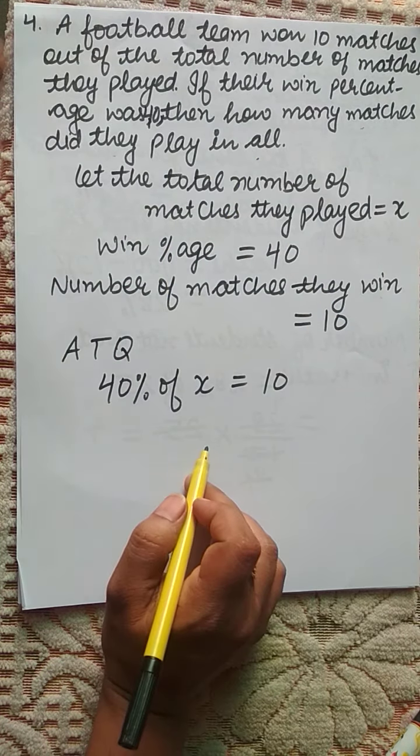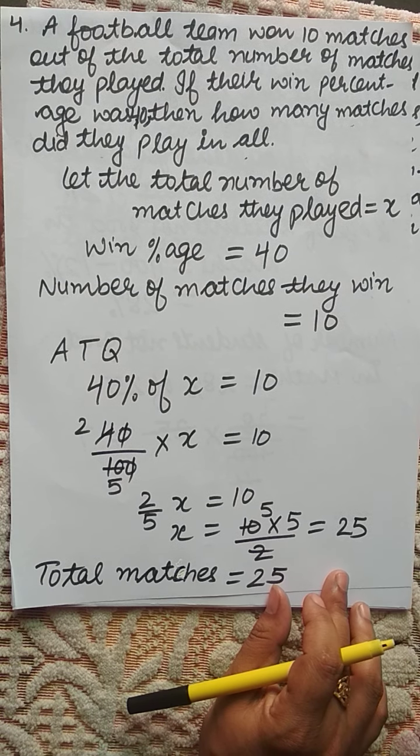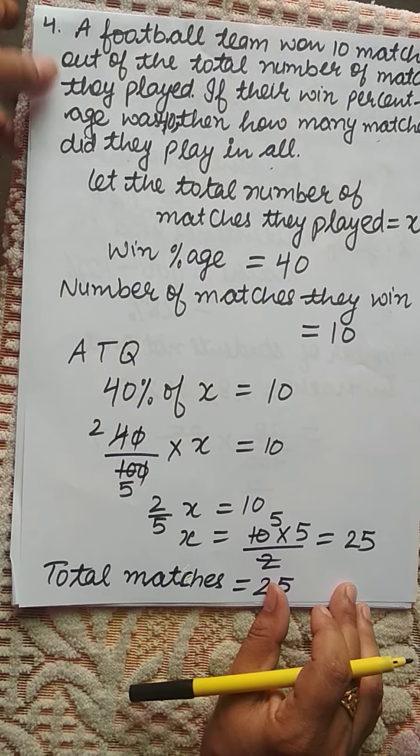Do the cancellations. 0 and 0 cancel. 2 2s the 4, 5 2s the 10. 2 by 5 x is equal to 10, or you can say that x is equal to 10 multiplied by 5 divided by 2. 2 5s the 10, 5 5s the 25. So total number of matches they played is equal to 25, which is the required answer.